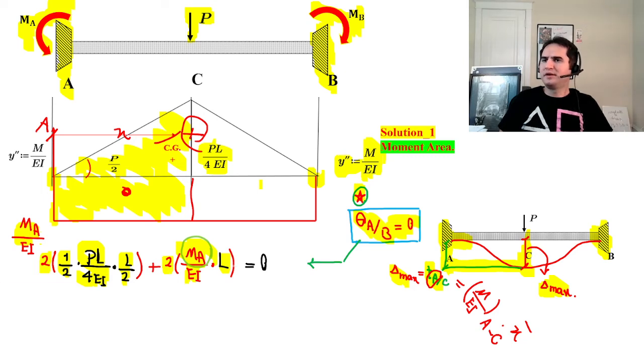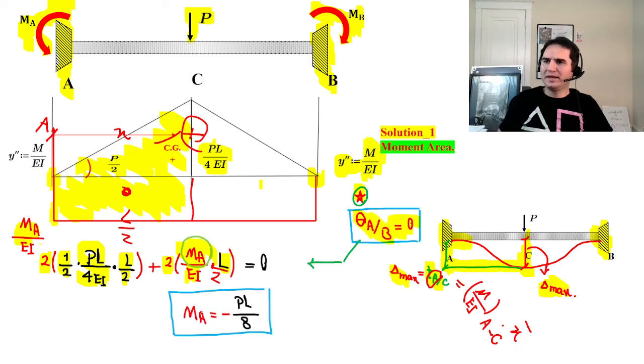That's 2 of MA times L over 2, because that's L over 2. If you do the math, it gives you MA equal to PL over 8EI, and negative is just about the direction, which is consistent or inconsistent with your original direction. So the numeric value for the moment is PL over 8.